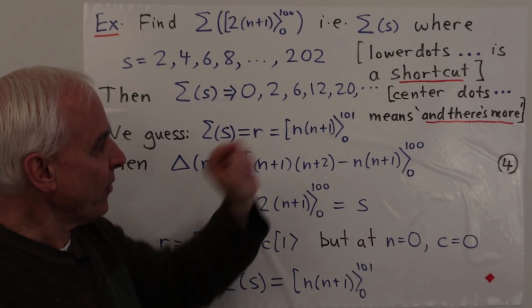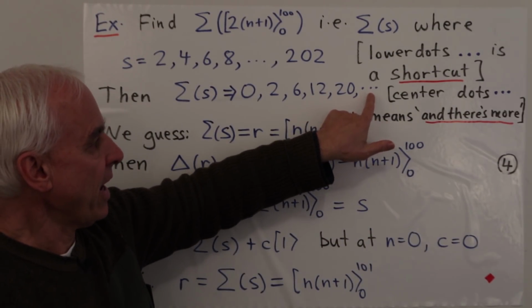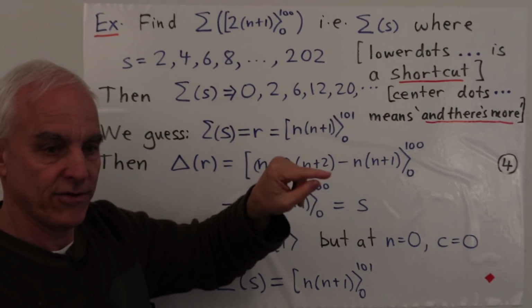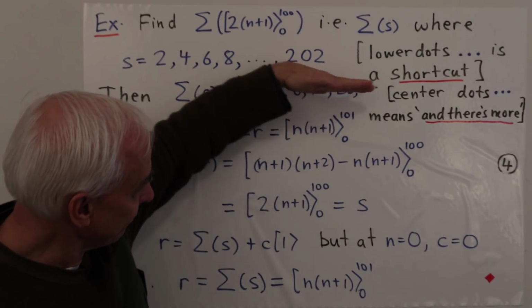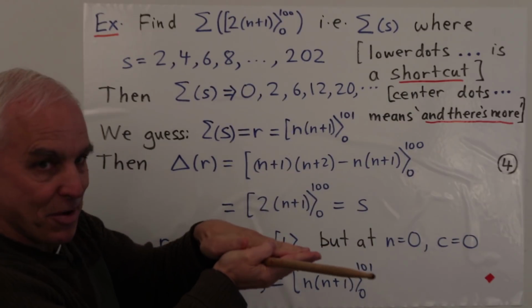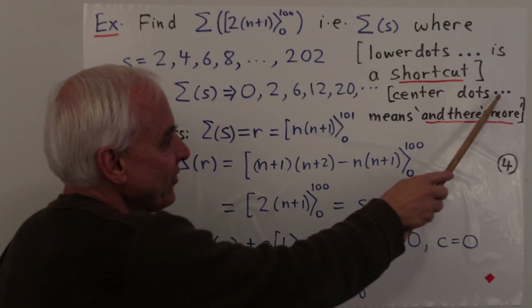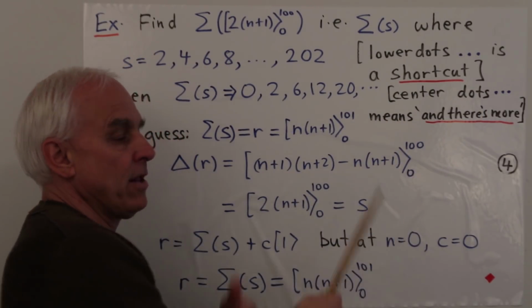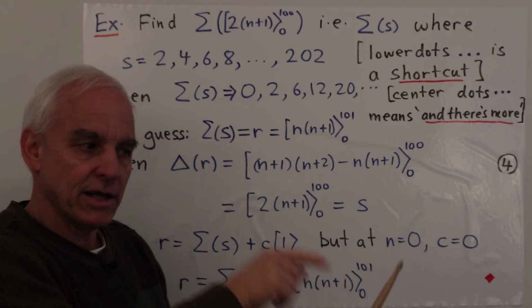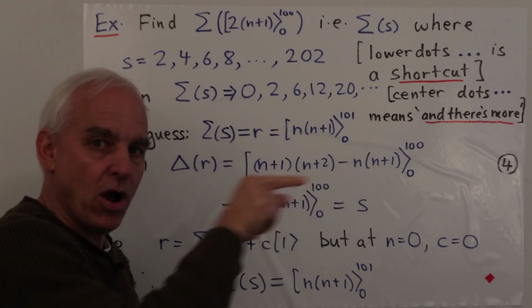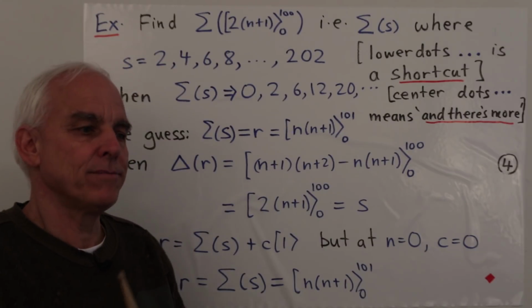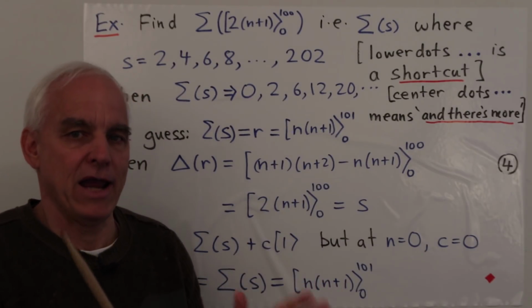But there's some ambiguity here, and so I'm using centered dots, dots which are sort of written in the middle of the line, not at the bottom. These centered dots, like this, generally mean "and there's more." It's telling us that there's something else going on in that direction, but we maybe don't have an entire handle on it yet.